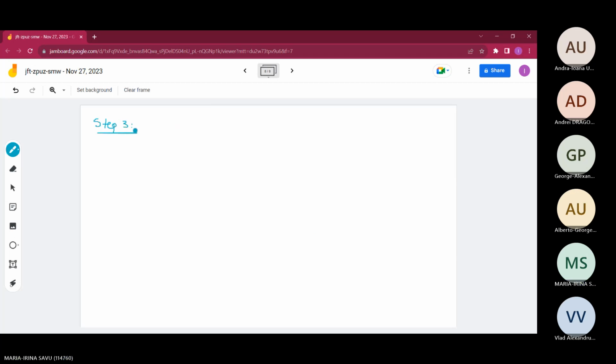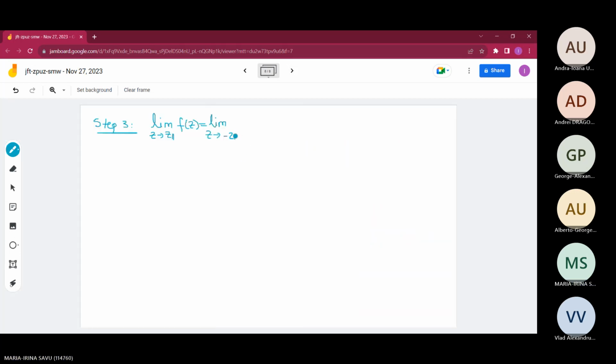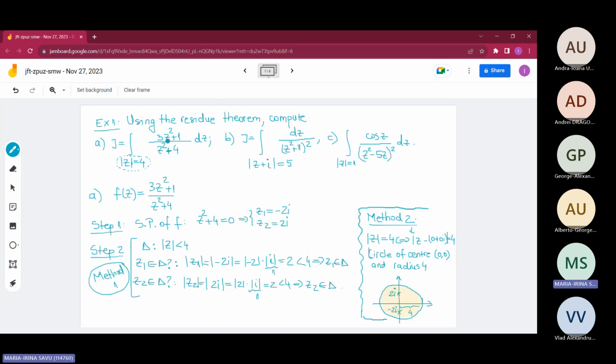We have to compare to this one from C, and this is the function. I told you that Z1 is minus 2i, okay? From this function.